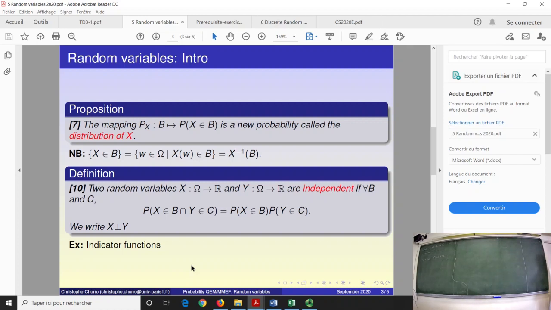Okay? We are going to generalize this definition in the case of random variables.